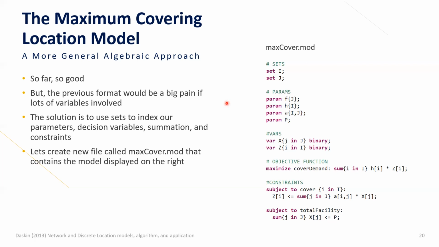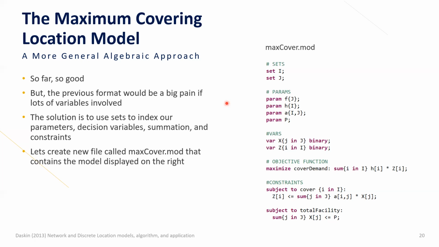For example, a set of demand nodes: several indexes of demand nodes collected together as one group called a set. Wait, I forget what is J here. No, demand nodes is I, and then facility nodes is J.